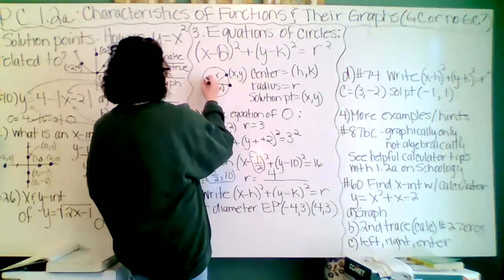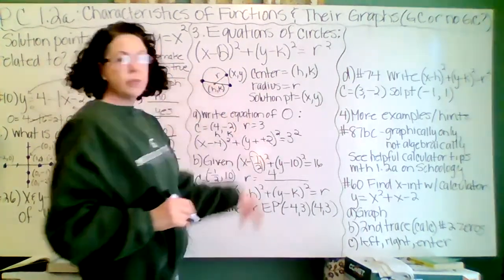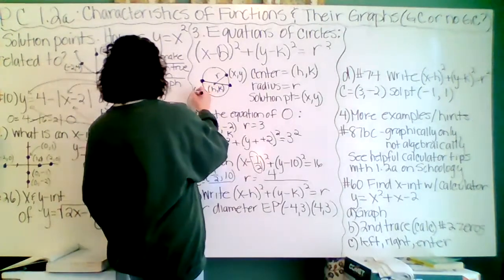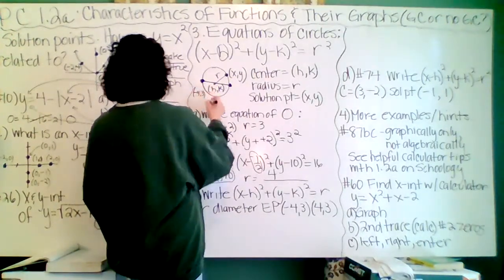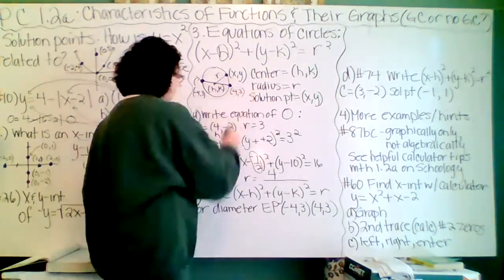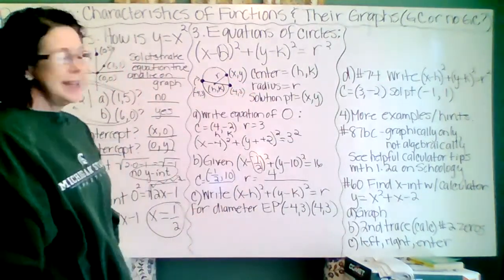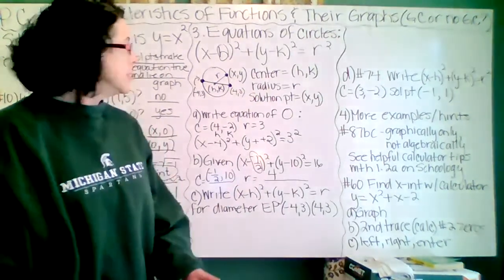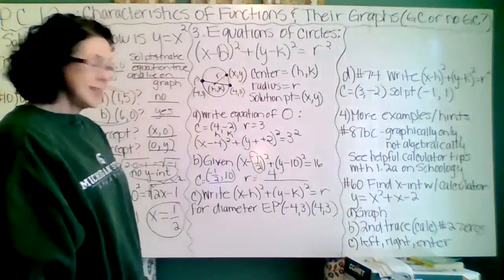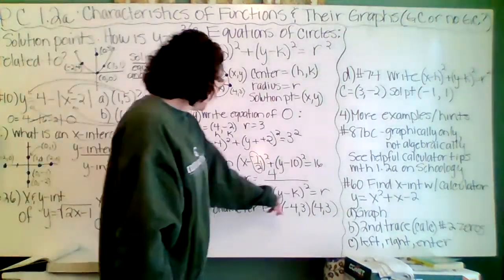This is a diameter here that goes all the way across the circle through the center. And this could be the point -4, 3 here. And this could be the point 4, 3. Okay, so what we need is a radius, right, to put right here. And we also need the center point to put right here.